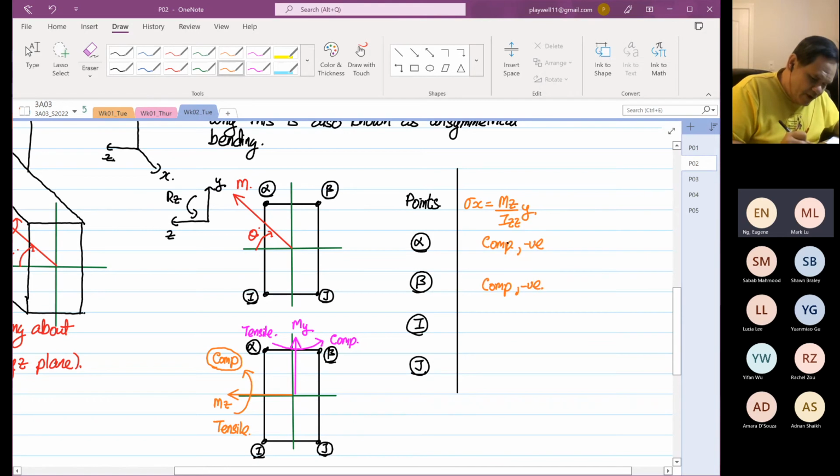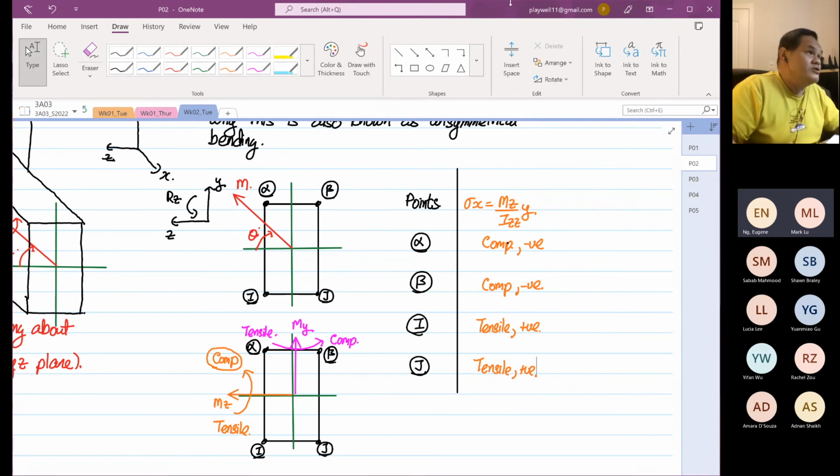And at point I, due to Mz, is going to be tensile, positive. And J is also tensile, positive. Now, again, this is due to Mz. Anyone have any question regarding this?